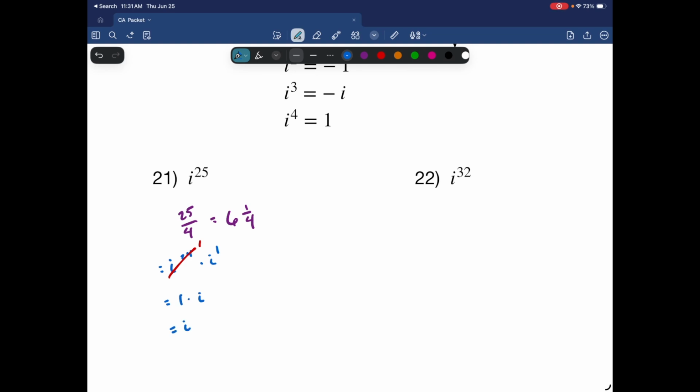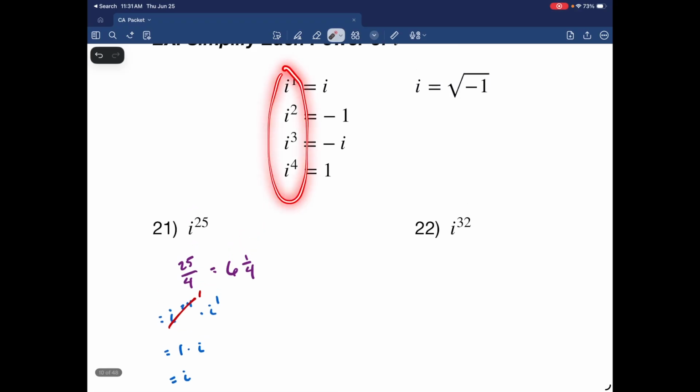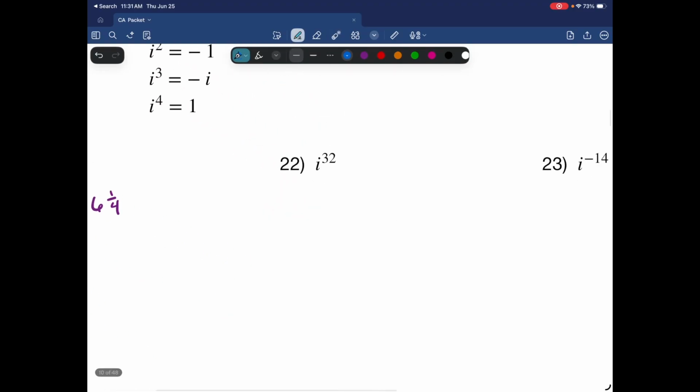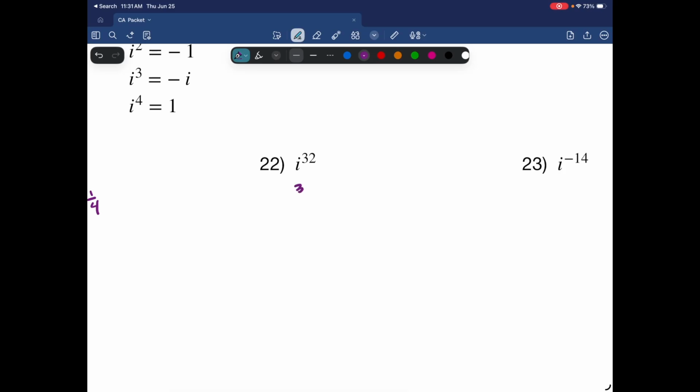So what I really care about is this piece right here. What is the numerator of that fraction? And that tells me which of these I'm going to choose for my answer. You only have 1 of 4 choices, all right? So that makes it really simple. 32 divided by 4 is 8 with no fraction left over. So this is just 1.